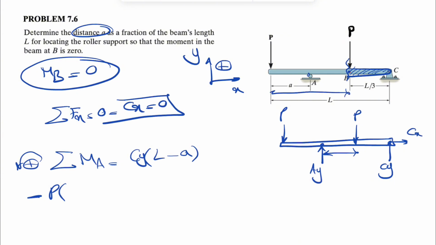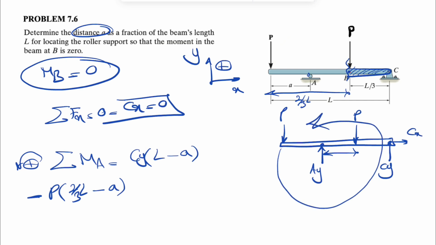We know this distance would be L minus 1/3 of L, which will be 2/3 of L. And this part is 2/3 of L minus A. And the last force is the other P in here.